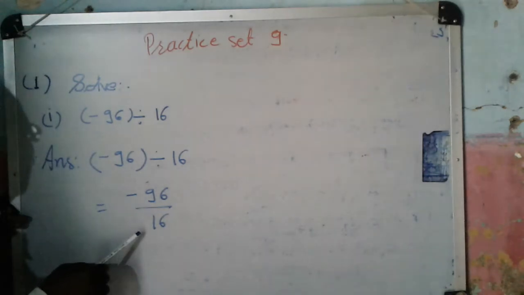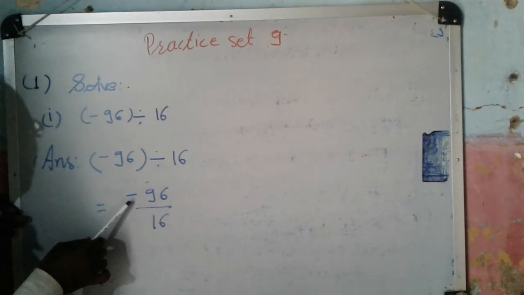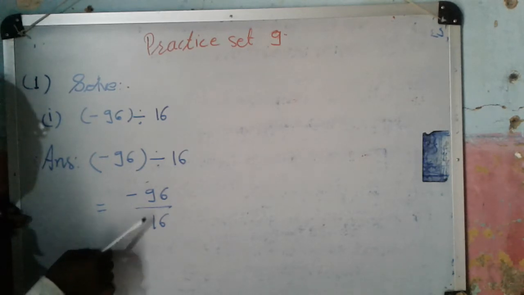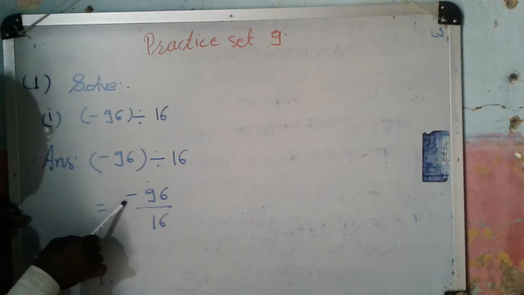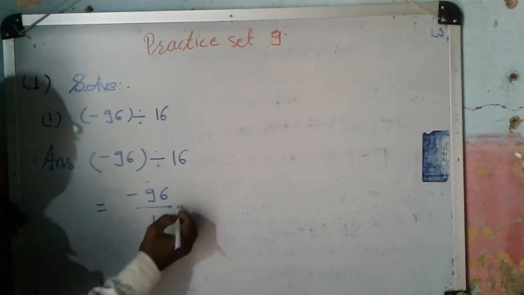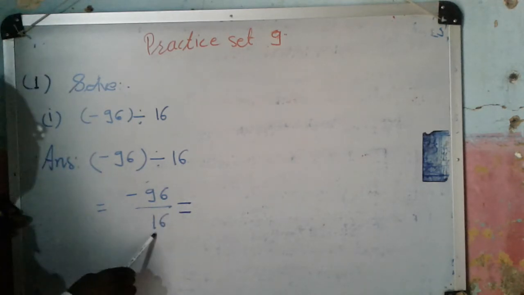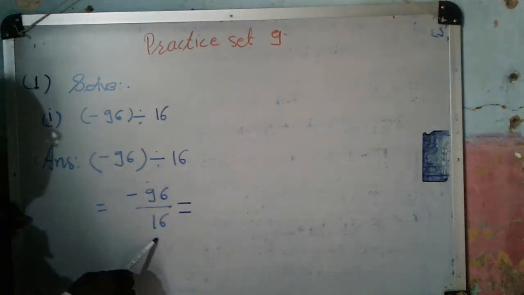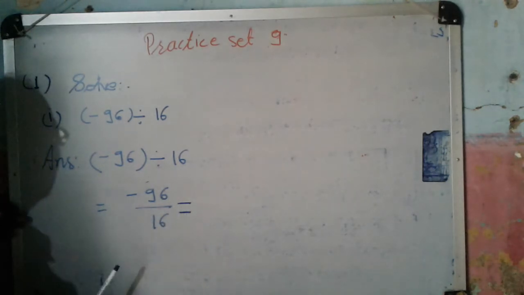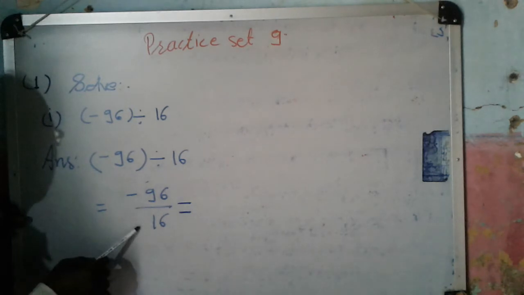According to our rule, the division of one negative integer and one positive integer is always negative. So this quotient will be negative because one integer is negative and one is positive.